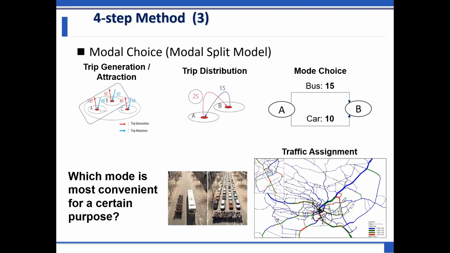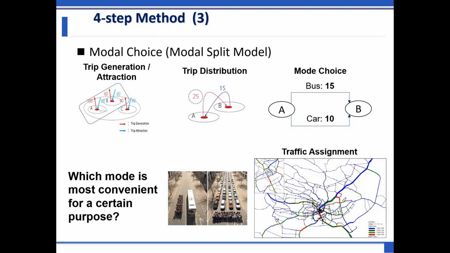To carry 40 to 50 persons, one bus is enough. However, to carry 40 to 50 persons by car, the number of cars increases and the road space is occupied hugely. It is a very famous figure, so public transport must be enhanced. That is a duty of the matter. I know that.